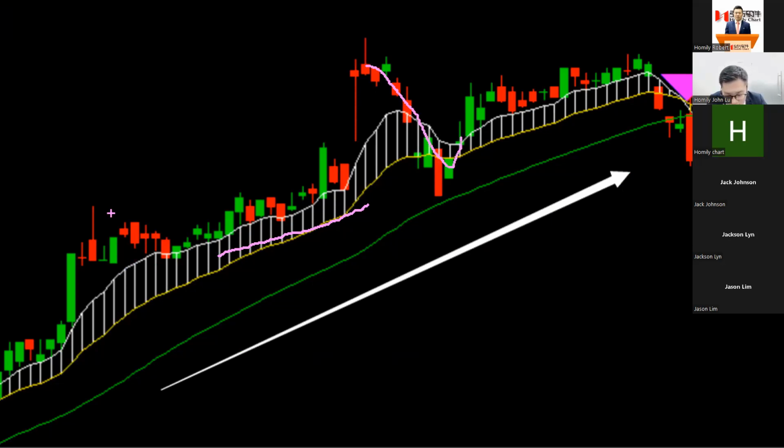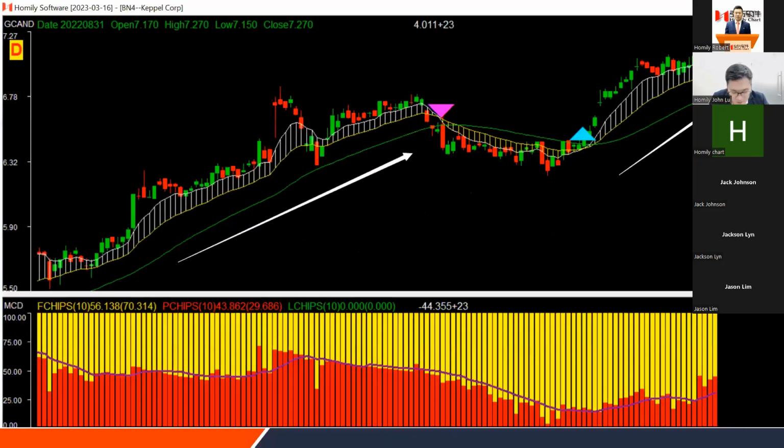You see, drop into the band, you buy, right? Drop into the band, I buy. So you see, use the band for the support, then use the harmony position. I know it's uptrend. So uptrend, retrace, and touch the band, then rally up, I enter. So this is one trading strategy.